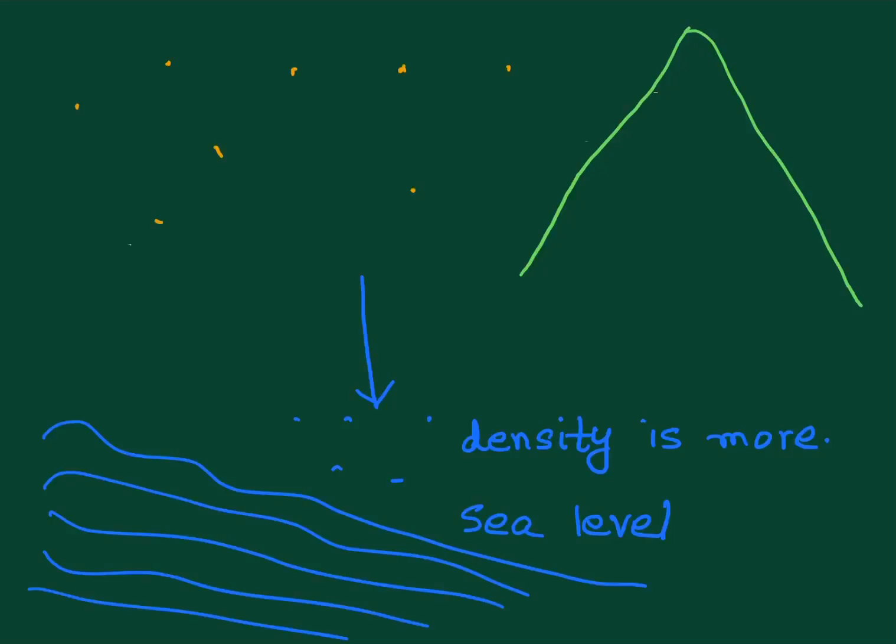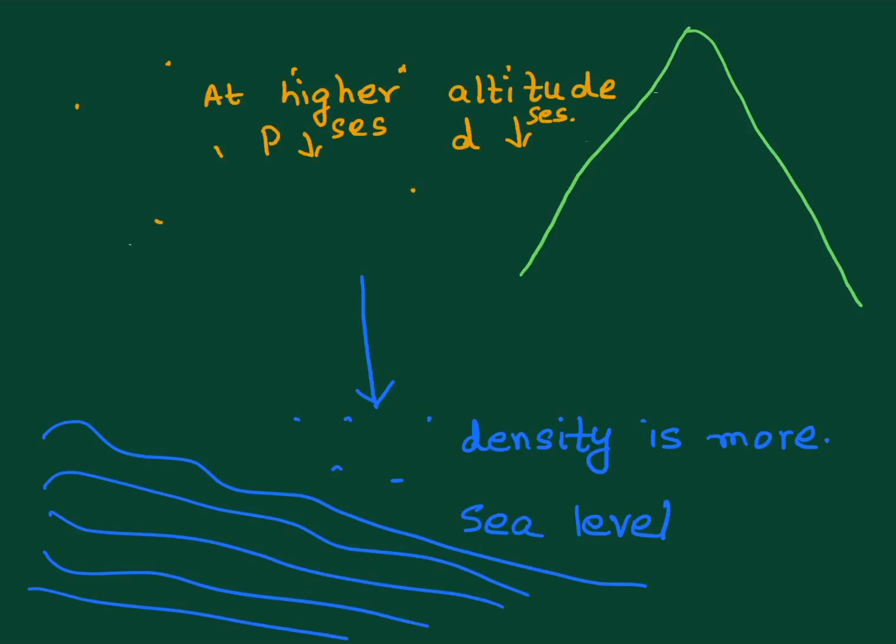The particles are further away. That means at higher altitude, I hope you are noting this down, yes, at higher altitude, pressure decreases, density also decreases. Density means closeness of particles decreases.